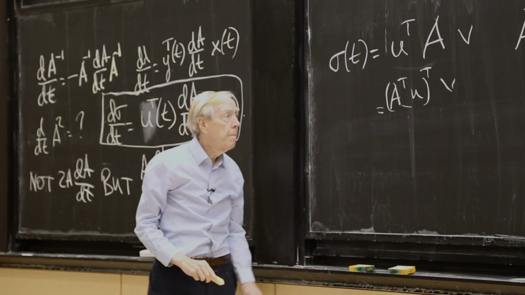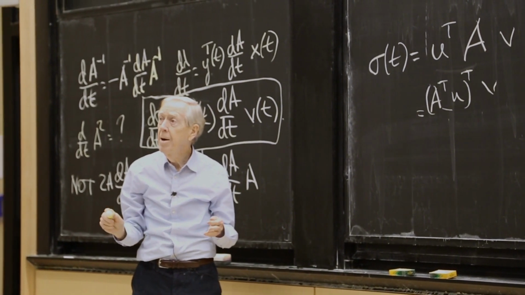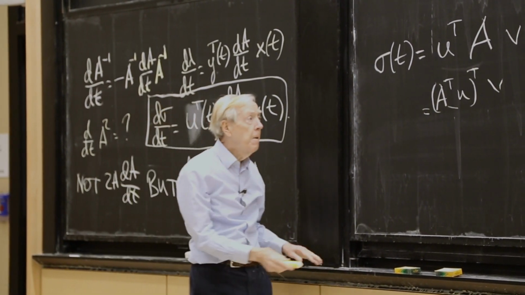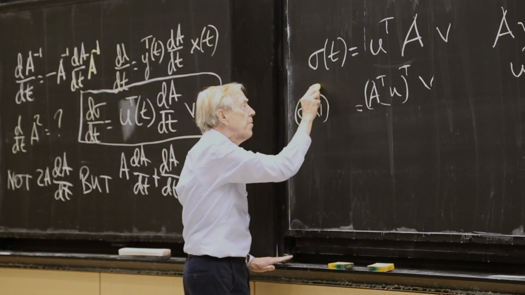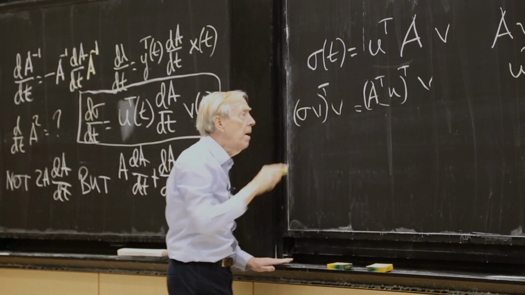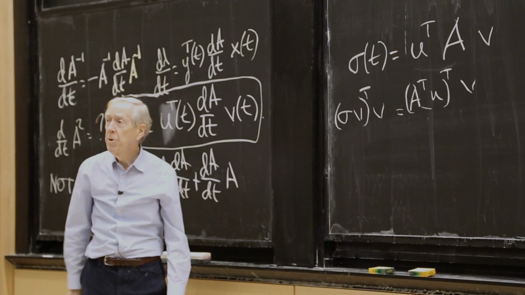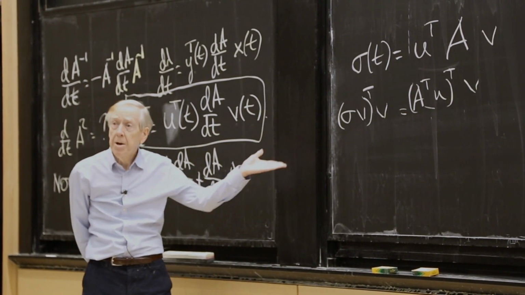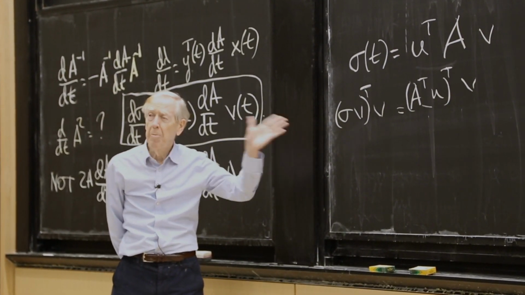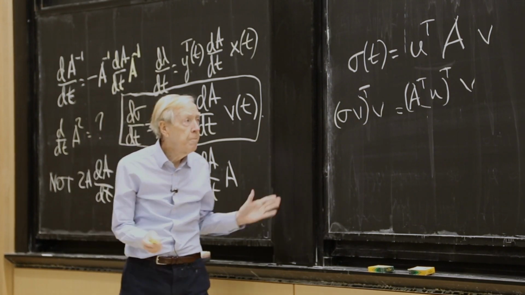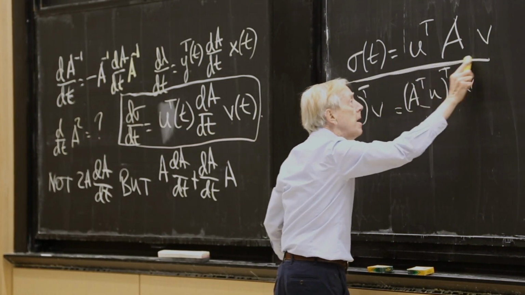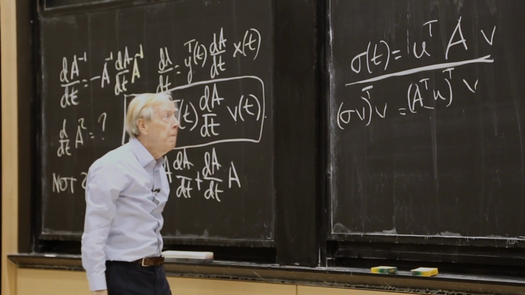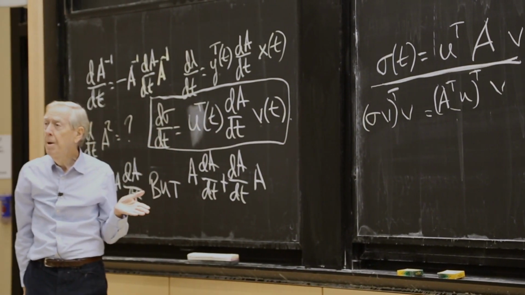It's sigma V, and its transpose, so sigma V transpose V. And what is sigma V transpose V? It's sigma again, of course. Got sigma both ways. Okay. Now I'm ready to take the derivative. That's the formula I have for sigma.